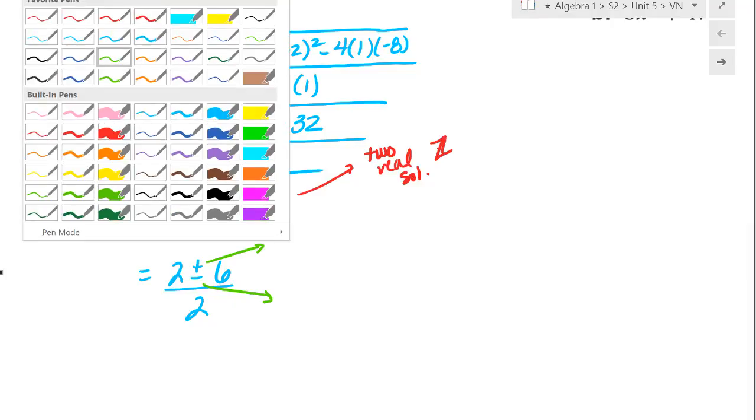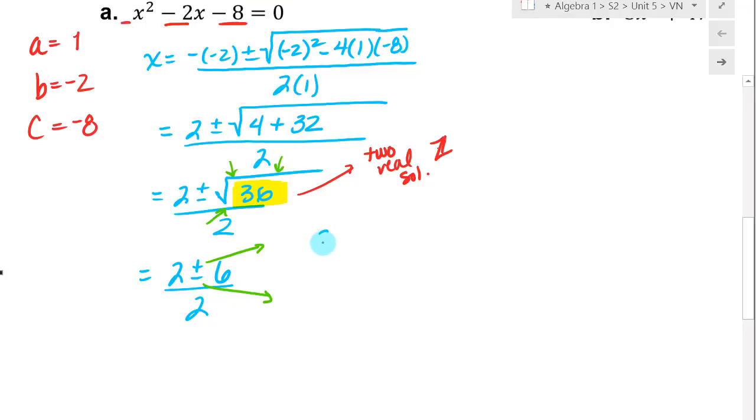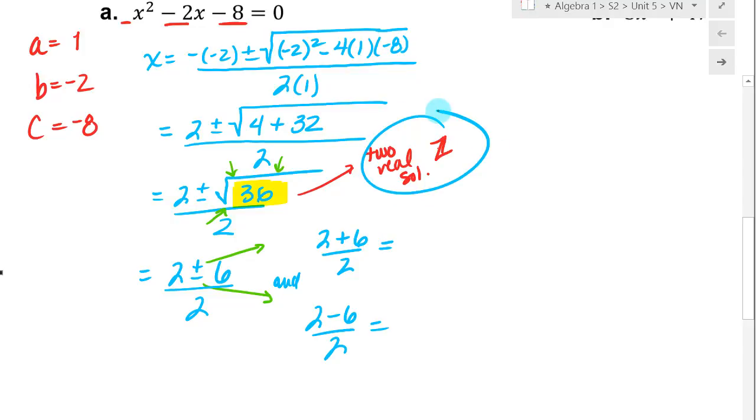So what we get then is we're going to have 2 plus 6 divided by 2, and we can even write the word and if we like, and 2 minus 6 divided by 2. So we're going to have two intercepts coming out of here, which is what our discriminant told us, so we should expect that.